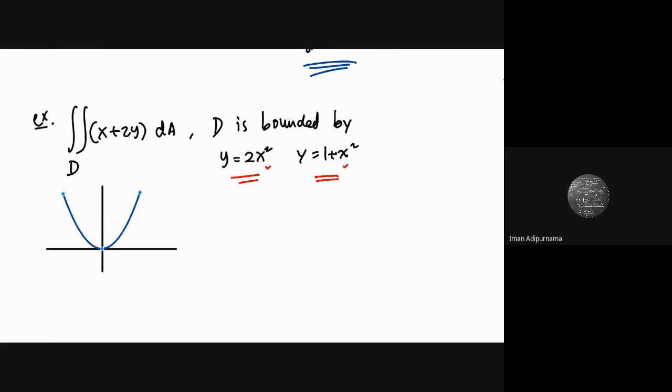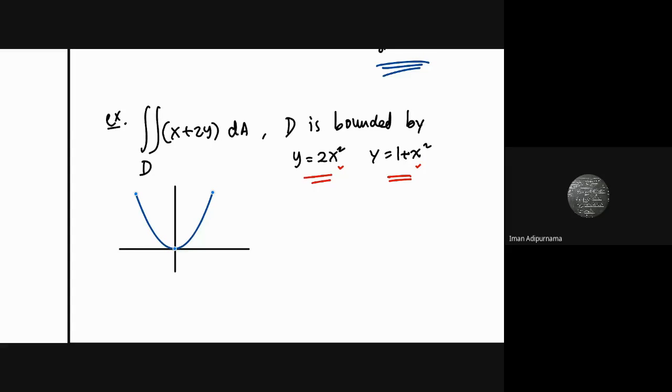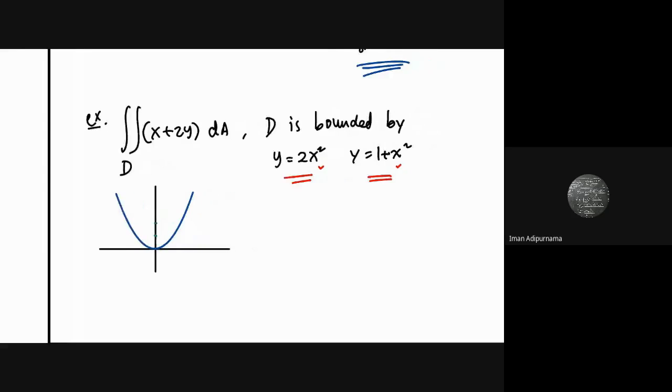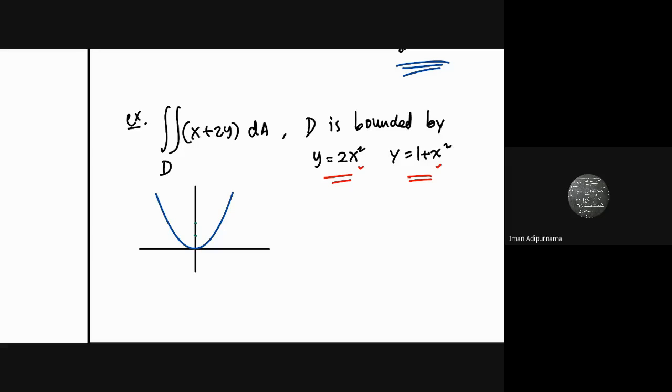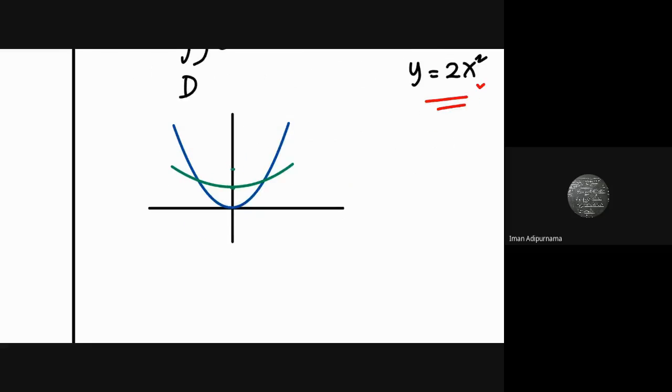So at zero, y is equal to 1. Yeah, more or less we have these two parabolas. The area D is bounded by these two. So this is the area of D.